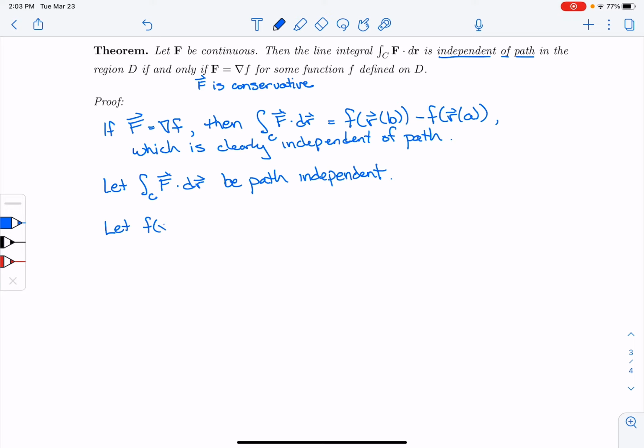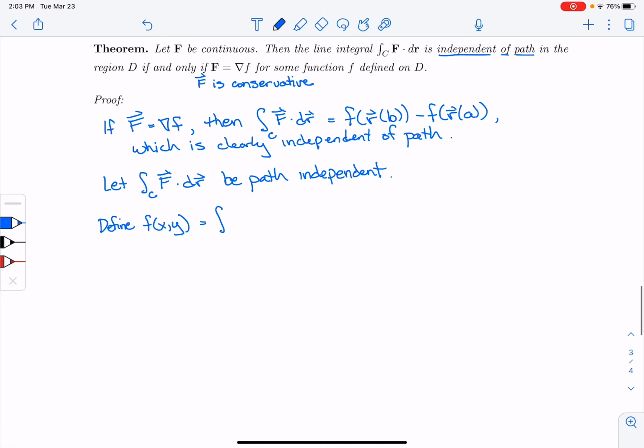Let me define this function to be equal to an integral over the path C1 of F dot dr plus another integral over a different path C2 of F dot dr. So I'm going to define f of xy to be the sum of two line integrals, but let me show you what those two line integrals are going to be.